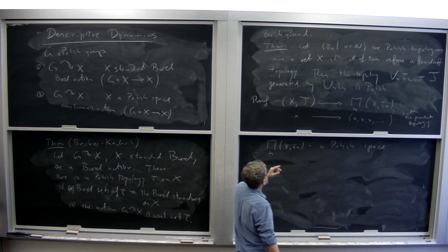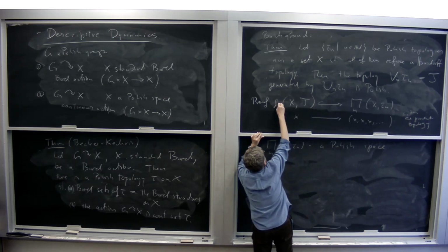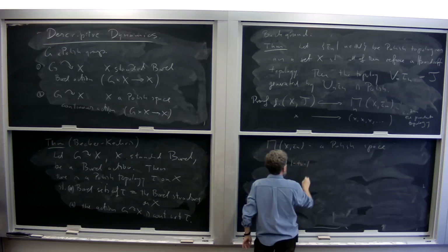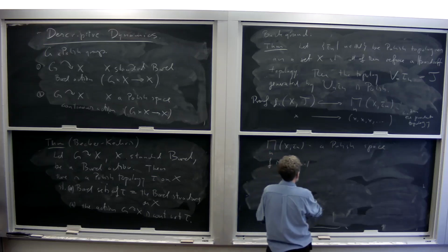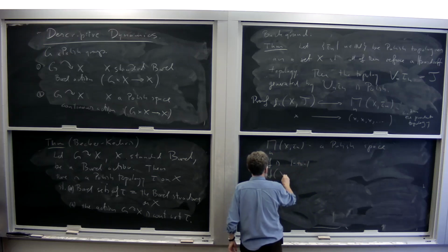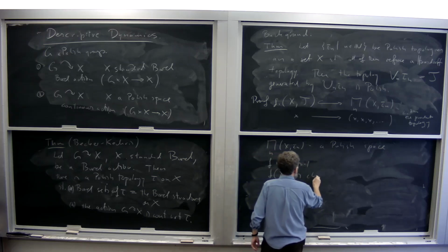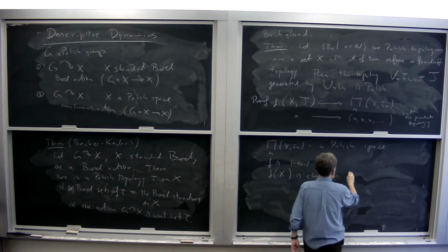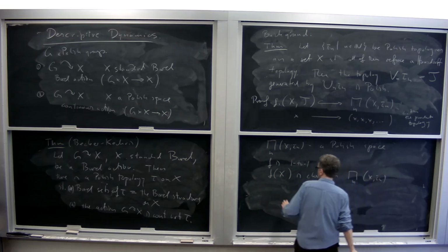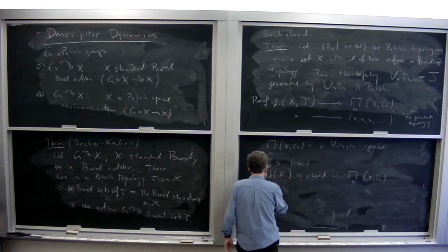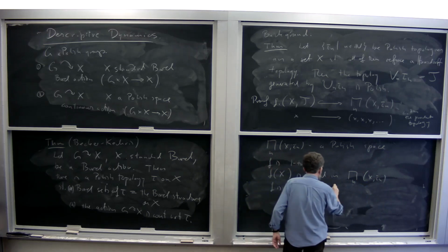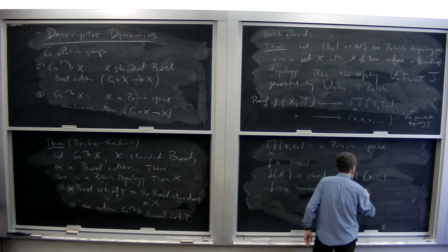This embedding I will call F. F is clearly one-to-one. The image of F, the diagonal, is closed in the product of X with tau n, and F is a homeomorphism onto the image.